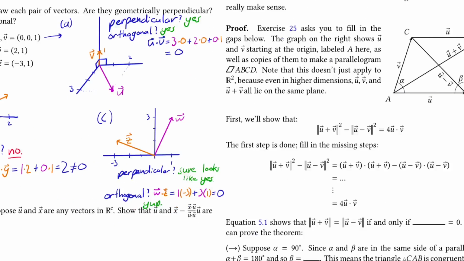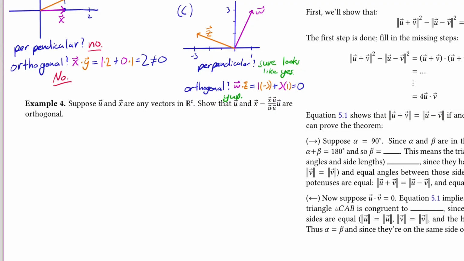Anyways, let's look at this next important example. This says, suppose that u and x are any vectors in R^n. Let's show that u and this other vector, x minus this scalar multiple of u, are orthogonal.